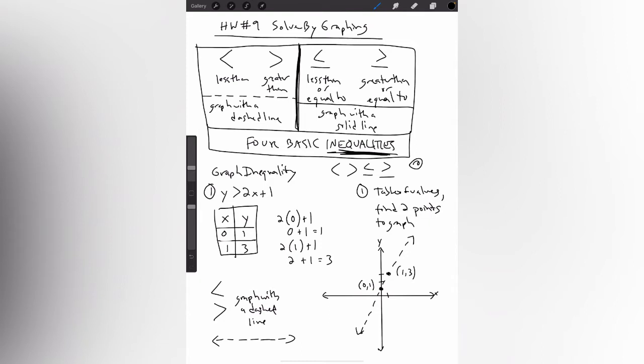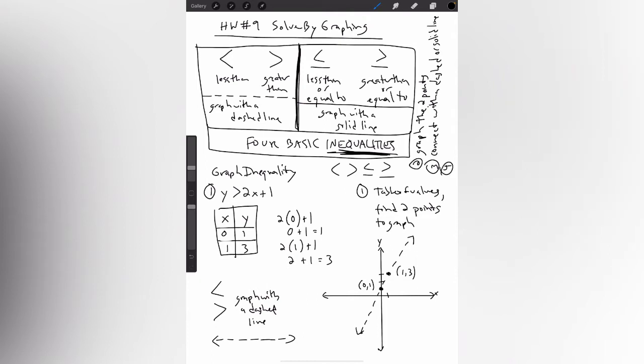My second step would have been to graph the 2 points and then connect with a dashed or solid line.